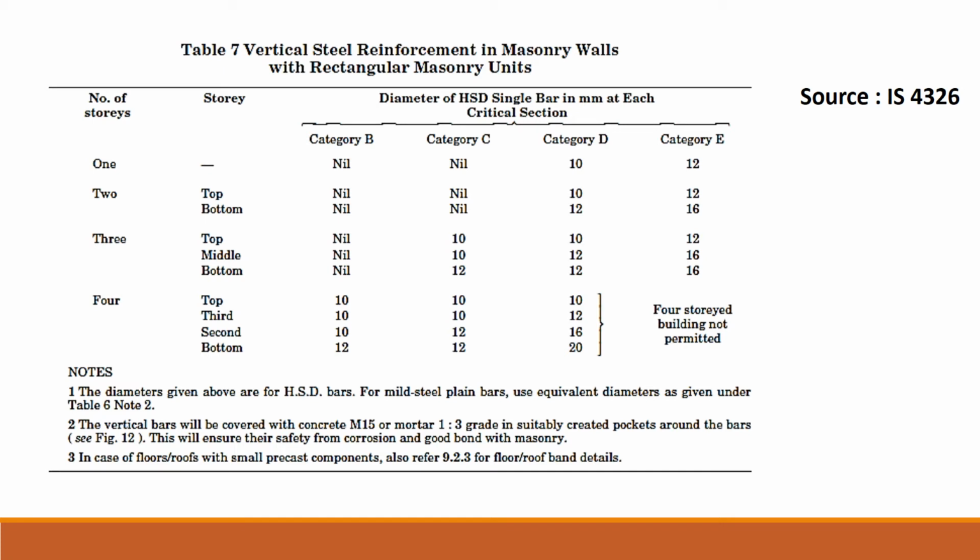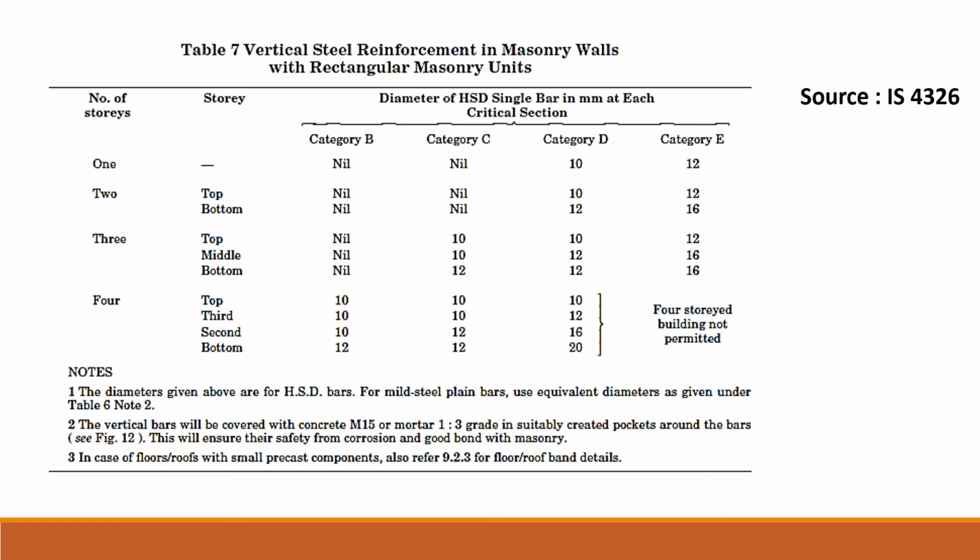What we observe is that the maximum diameter here goes up to 20 mm, and in category E it goes up to 16, but there is no fourth story given in category E buildings. Now they are all high strength bars and they are deformable as well.